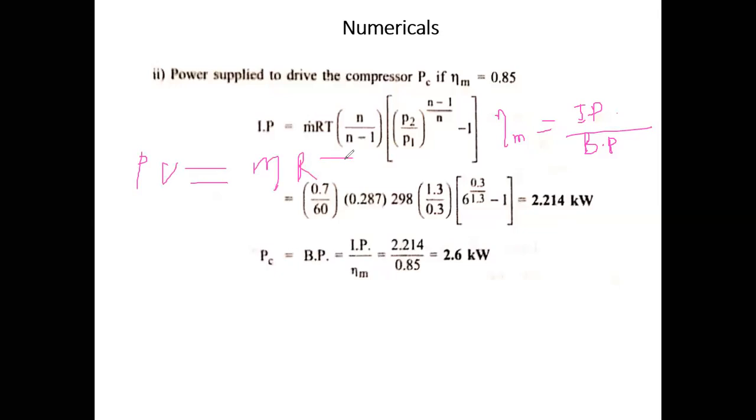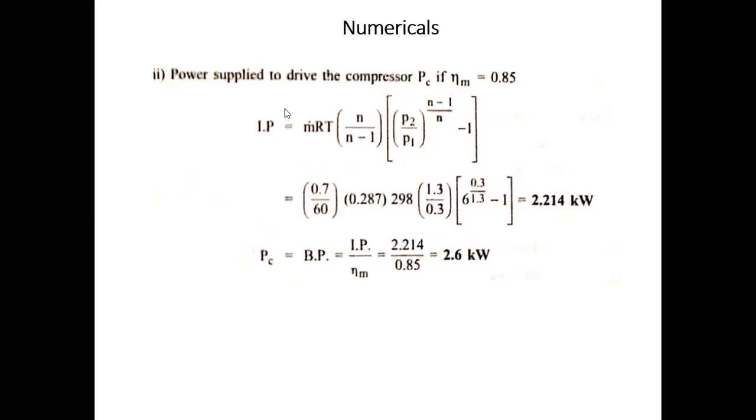From this equation we put this here, and this is the pressure ratio raised to n minus 1 upon n, minus 1. As this is a single stage compressor, the value of k will be 1 here also and here also. If it is a multi-stage compressor, then we have to multiply with the number of stages in order to calculate the brake power.